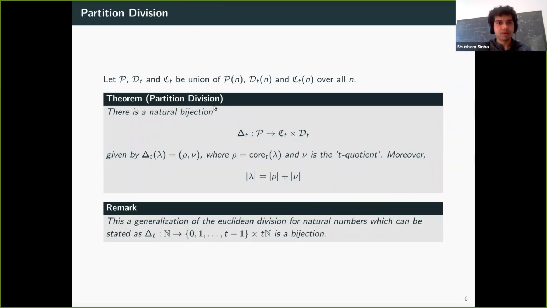So I want to talk about something called partition division. Again, this reference would be the same as Nicholas Loehr, but what I'm going to describe, you may be able to see why this is true later on. So we denote P, D_T, and C_T to be the union over all n of the corresponding sets.